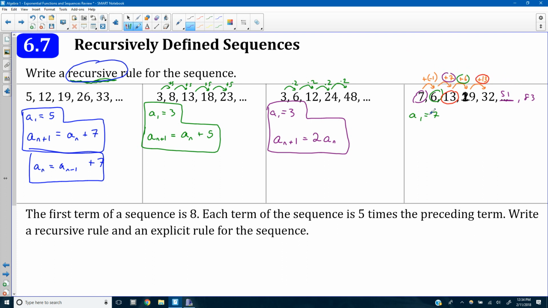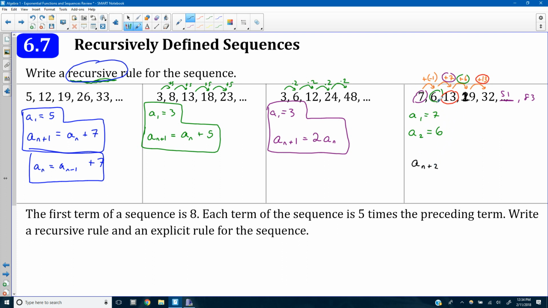Well, we're starting from a sub 1, which is 7. Okay. Now, this one's kind of strange. I think we need two terms. We need a sub 1 and we need a sub 2, because this completely banks on the two terms before it. So if I'm going to write an a sub n plus whatever, this time I'm going to find the term that's two after the first term.